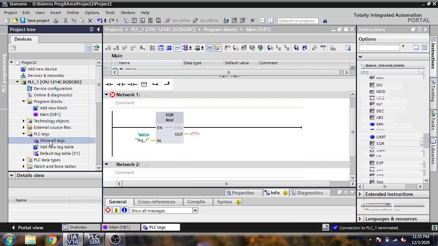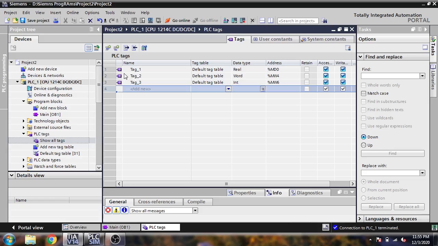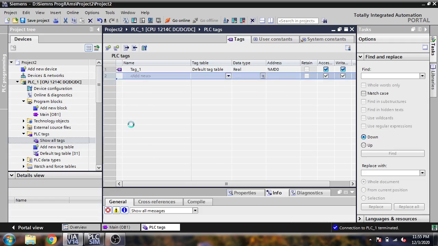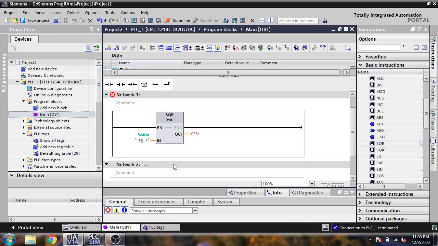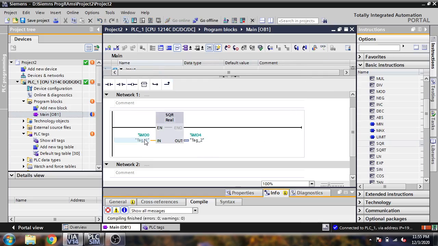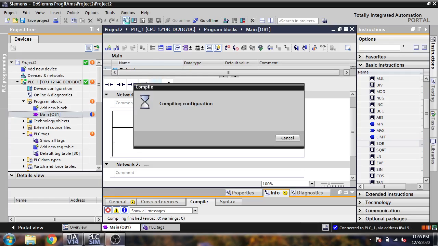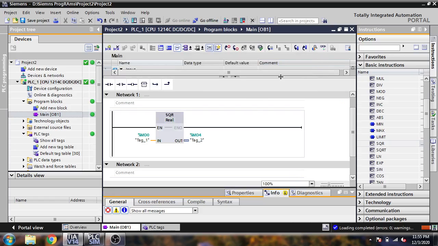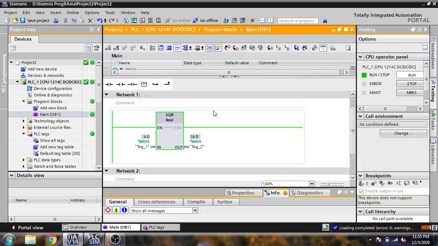So going to show all text and delete that once. And I'm using MD4 there. So I'm just going to compile that and going online now. Sorry, I think I didn't load. So I'm just going online now.